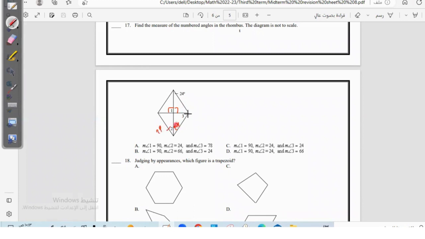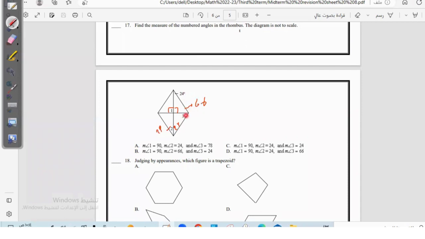What about angle 3? How can I find angle 3? It equals 66. So this angle is 66. This is 90, this is 24, so it's 180 minus 90 plus 24, which is going to be 66.